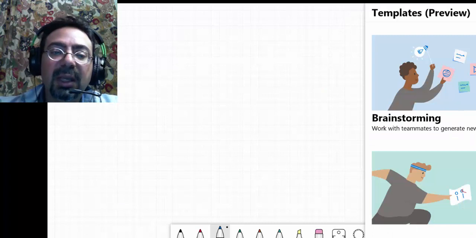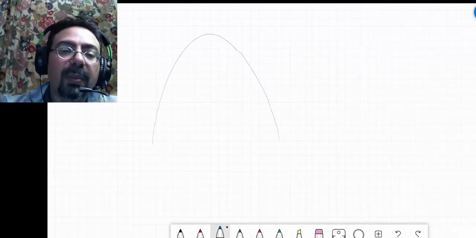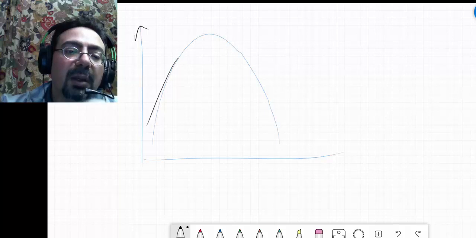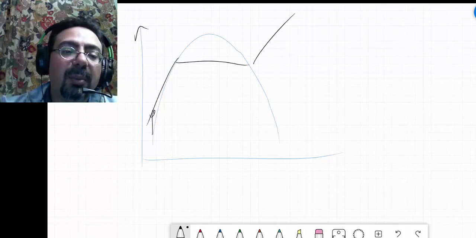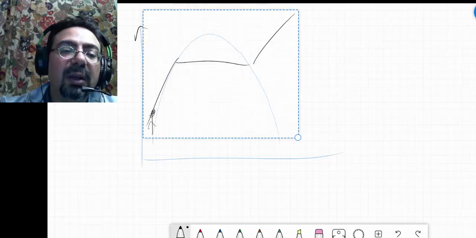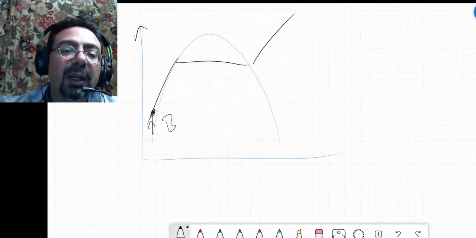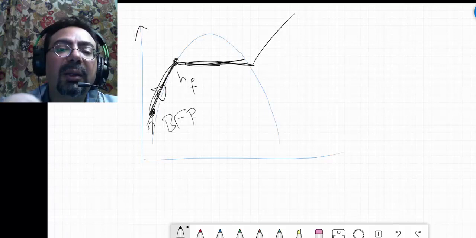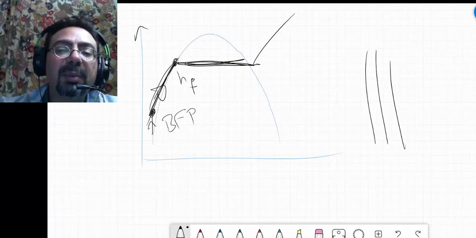So what I am saying is, the boiler feed pump will send the water over here, and the economizer will take it to saturation, hf, and then you boil in those vertical pipes.